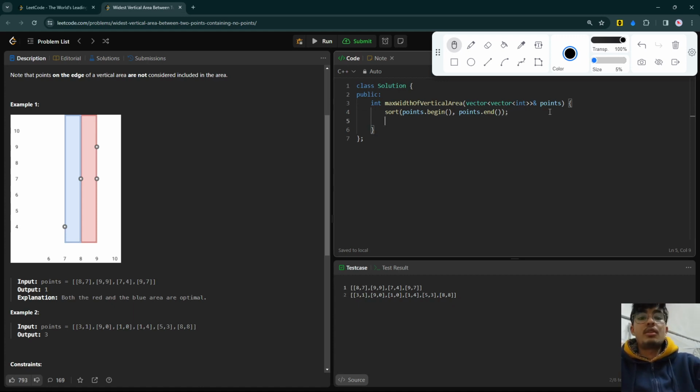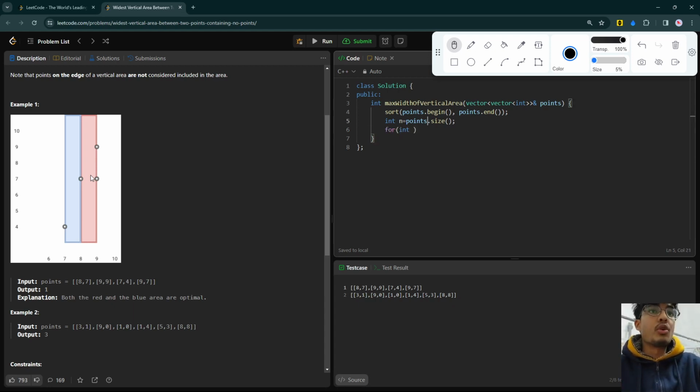Okay, we have sorted, and we need the total number of points. Now we can start from the index 1 point, because we'll be comparing it to the previous point.